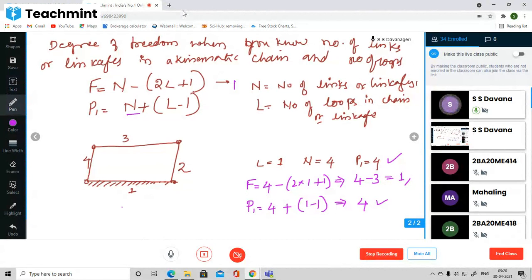This is the relation to find out the degrees of freedom based on the number of loops and number of links. Earlier there were two relations, one is Gruebler's, another one is Kutzbach. Gruebler's relation holds with the addition of the number of pairs which have 2 degrees of freedom, and Kutzbach only holds for pairs which have only 1 degree of freedom. Clear.